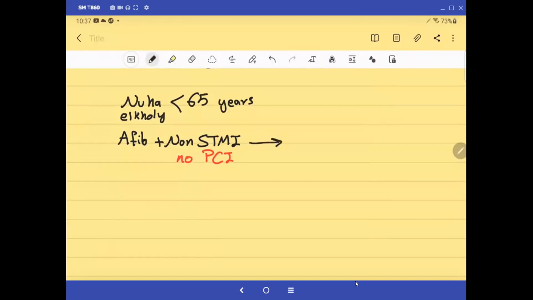Okay, so acetylsalicylic acid with ticagrelor or prasugrel or clopidogrel according to the bleeding for 12 months. Then acetylsalicylic acid alone. I hope I am right. Yes, it is the same case as Ahmed.